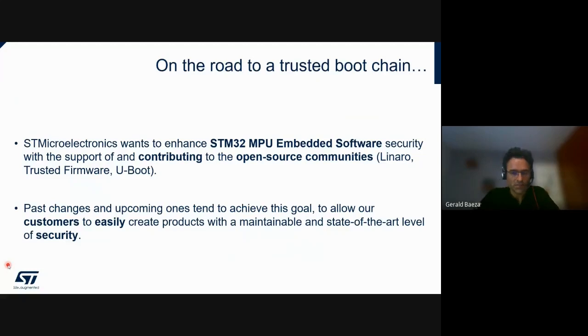All the past changes that we did in the STM32 MP1 boot chain and also the future ones tend to achieve this goal. So this means that we want to improve the security on the platform, and we also want to improve how easy it is to configure this security on the platform for our customers. So this is what we could say in few words around this.